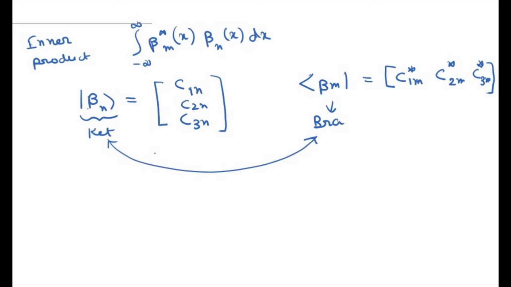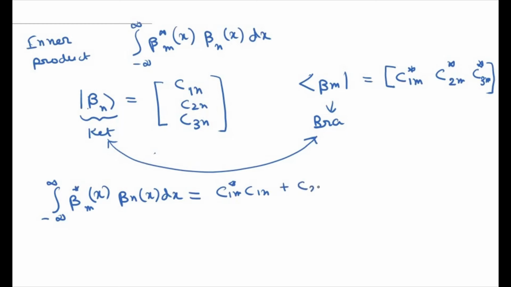So this inner product, the integral from minus infinity to plus infinity of beta m star x beta n x dx, is equal to c1m star c1n plus c2m star c2n plus c3m star c3n, which in matrix notation can be written like this, just as I stated.